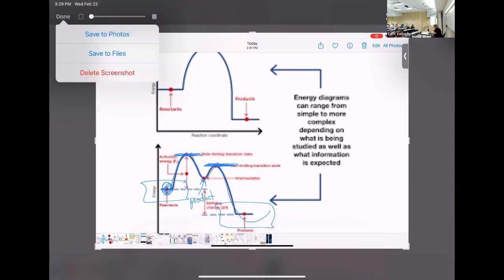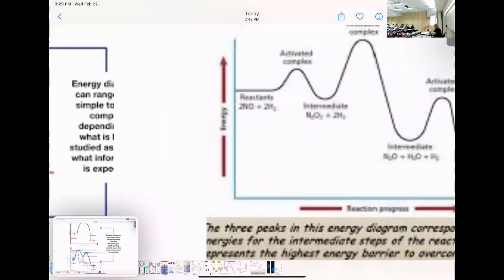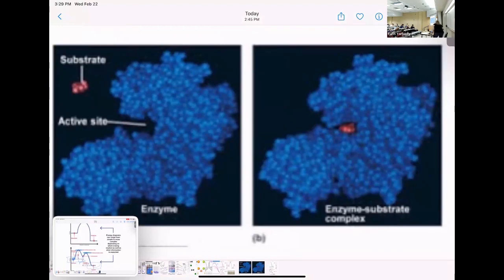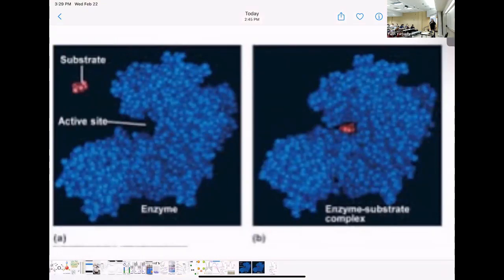Okay. So one thing I wanted to describe, because I think it's on our homework, is a very important catalyst that almost everybody has heard of. Enzymes. Enzymes are these monster protein chains that have wrapped around and done their thing, and they have this active site.